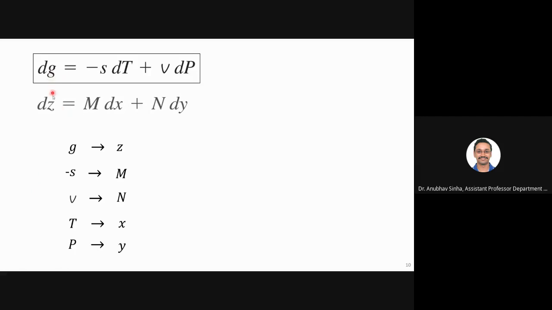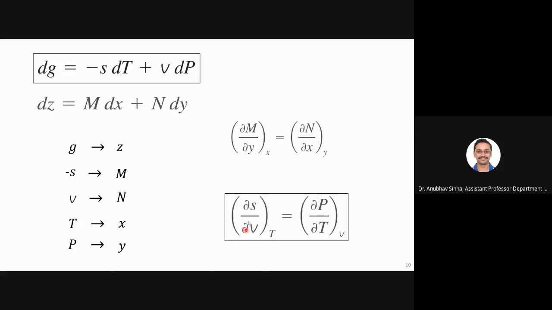So G corresponds to Z, minus S corresponds to M, dT corresponds to dx, small v, which is specific volume, corresponds to N, and dP corresponds to dy, or P corresponds to y. Using this relation, we can obtain (del S by del V) at constant temperature is equal to (del P by del T) at constant volume. And this is your fourth and last relation for Maxwell.